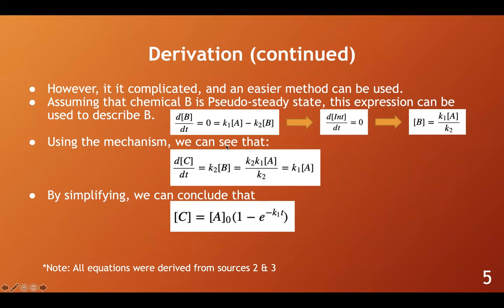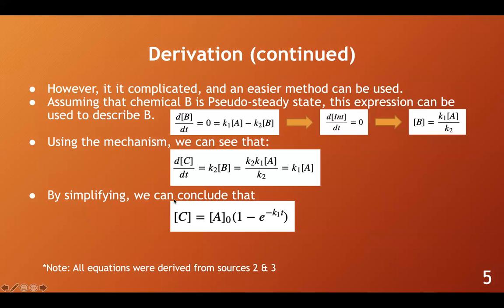Using the mechanism that we showed above, A to B to C, we can derive that the change in concentration for the products is equal to K2 multiplied by the concentration of the intermediate, which is also equal to K1 multiplied by the concentration of the reactants.